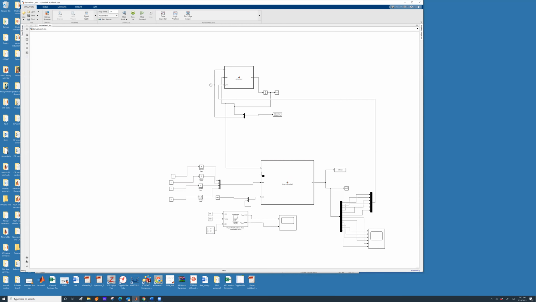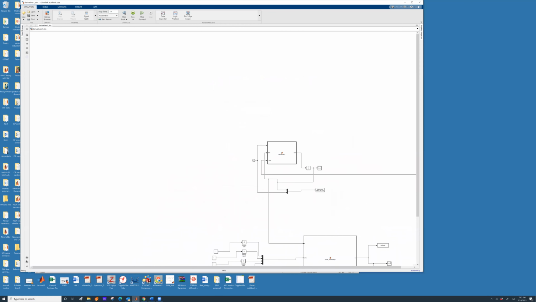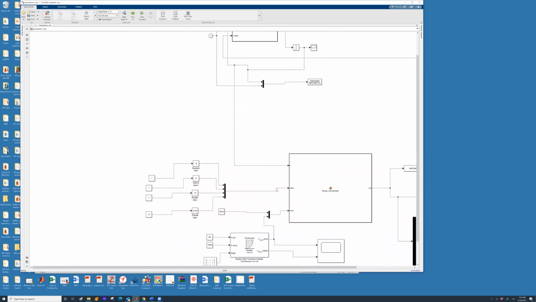This x is tapped from here. Can you see these states? They go here, and then I'm tapping these states and feeding them to the force moment block. It also needs the rudder, aileron, and throttle information, which is coming from here. Please note, this gain is incorrect. This is shown in degrees. This needs to be converted to radians.